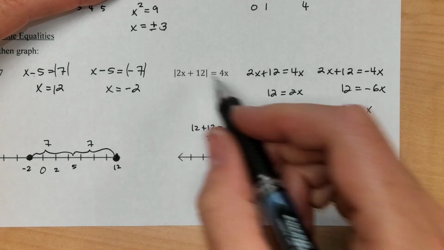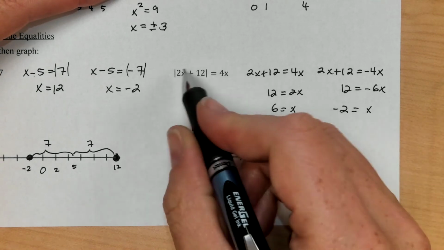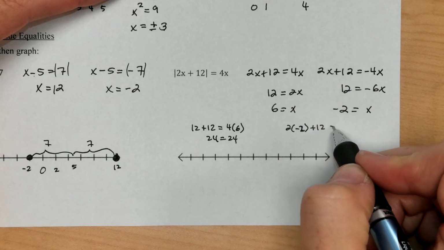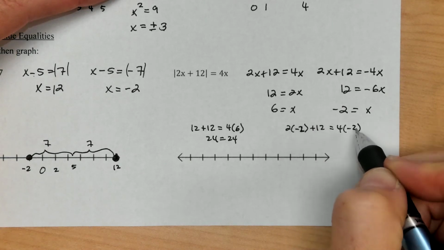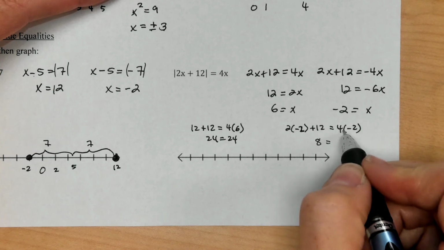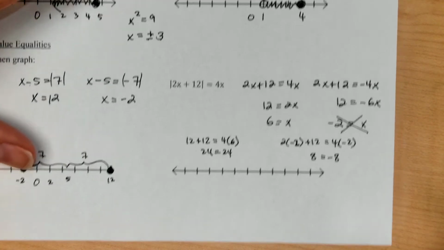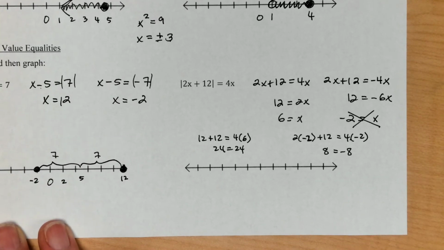And then using -2, I've got 2 times -2, plugging that in there, plus 12 equals 4 times -2. So this will be -4 plus 12 will be 8, but then over here I get -8. So this is actually an extraneous solution. We can't claim that as a solution to this absolute value.